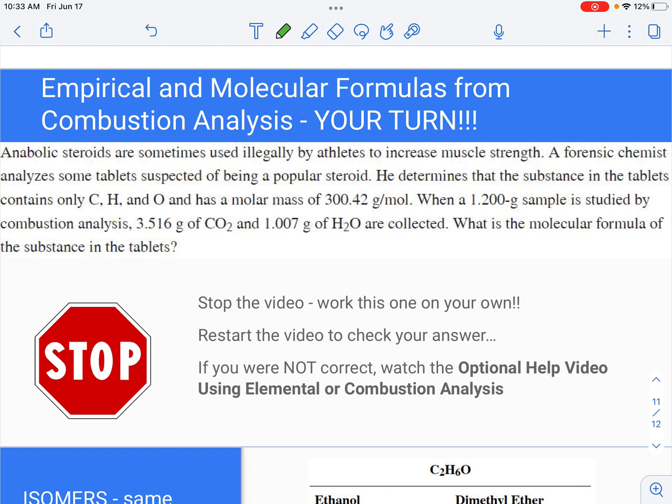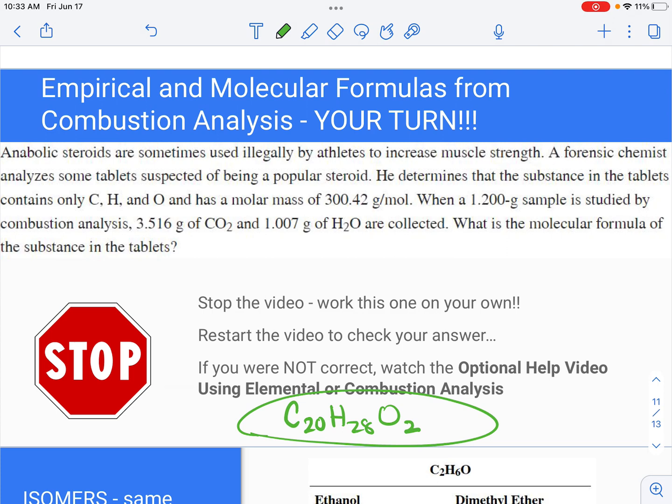Okay, so after I did my work for this, I discovered that the molecular formula is C20H28O2. This is the molecular formula of this steroid that was analyzed by combustion analysis.